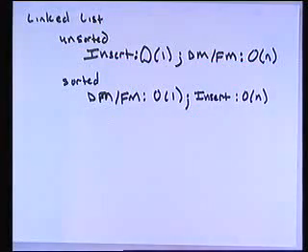So dealing with this, then, we can say that if we've got an unsorted linked list, then insert's going to be constant time, and delete min and find min are linear, and if it's sorted, then delete min and find min are constant, and insert is linear. And what does this mean for us? Well, certainly we can't do more deletions than insertions.